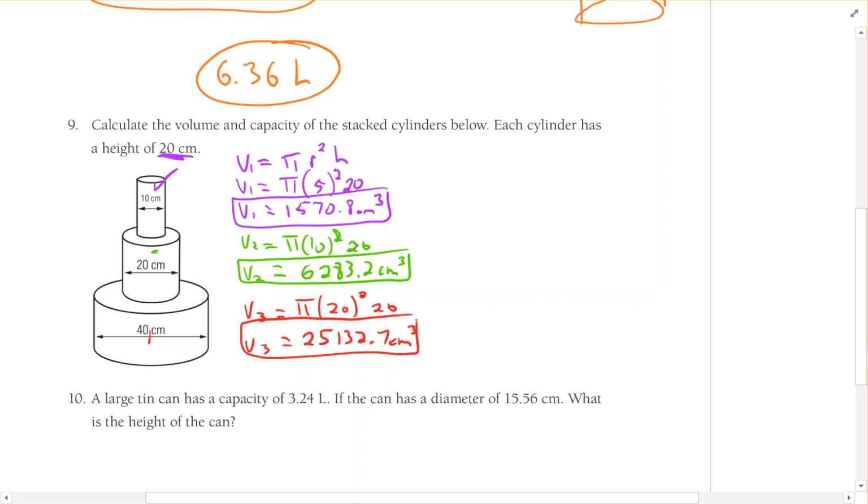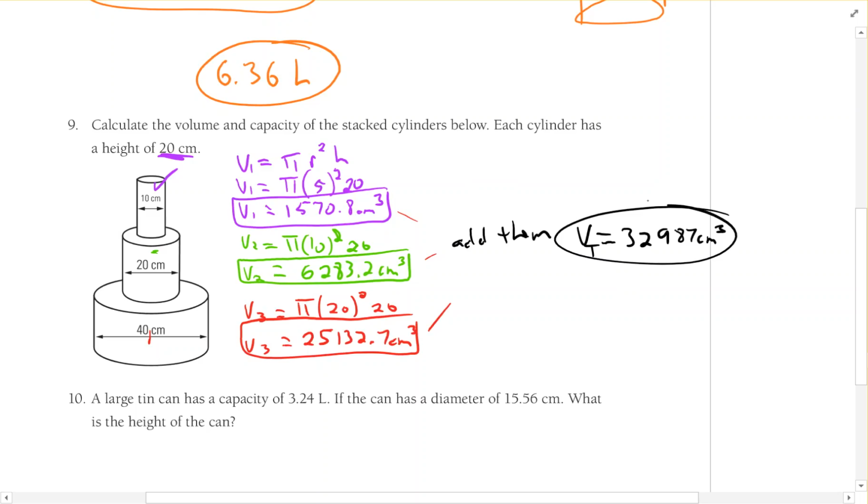Okay, and then all we've got to do is add all those things up. So add that one, and that one. If you do that, you should end up getting V total for all of them equal to 32,987 centimeters cubed.